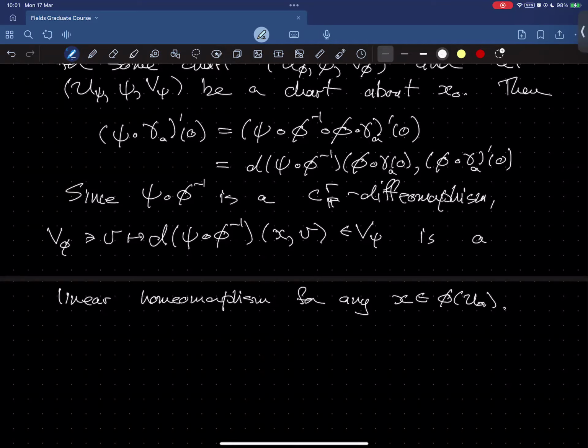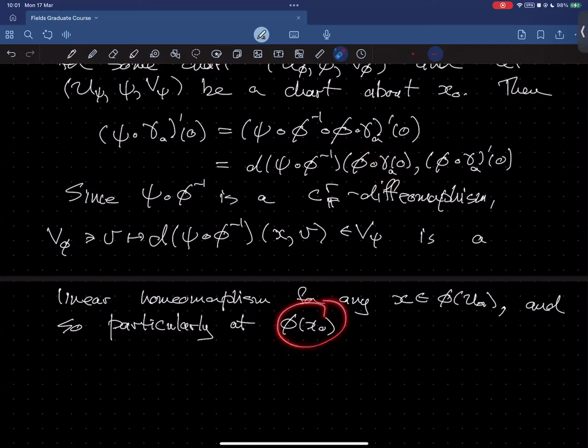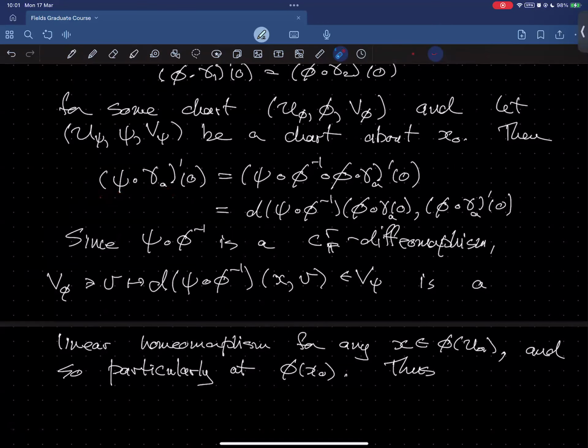And so particularly, if I take the point x equals phi composed with gamma at 0, okay, and particularly phi of x naught, because of course gamma at 0 is equal to x naught, so this thing is really just phi of x naught, okay, and so therefore, because this is just this linear homeomorphism applied to that, okay?